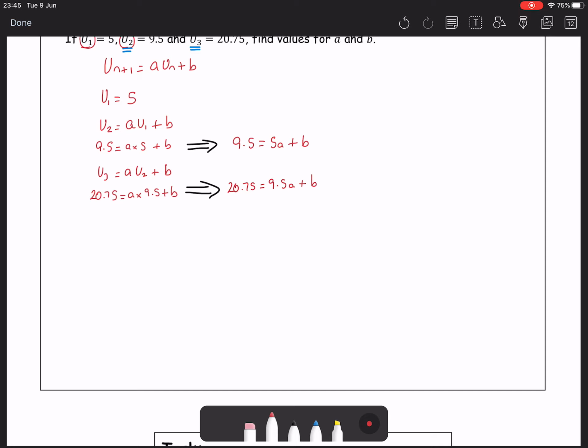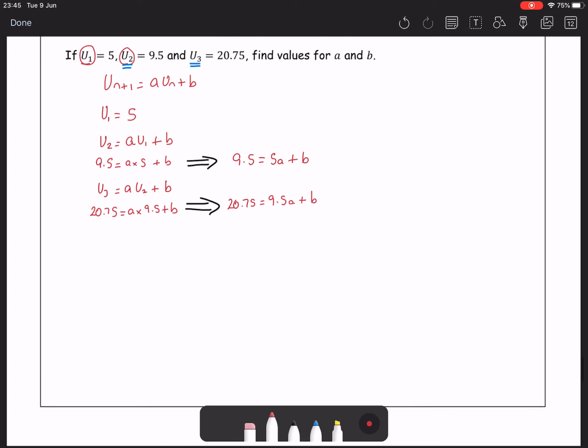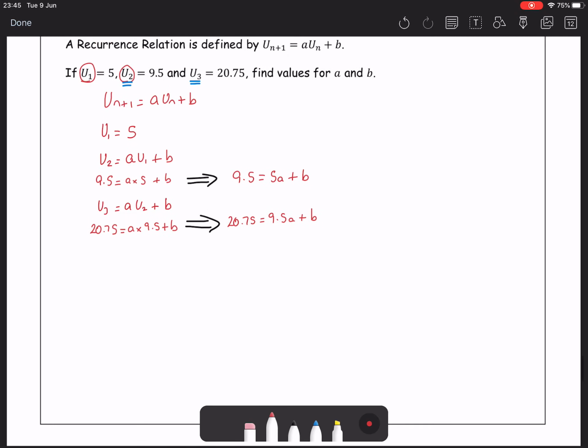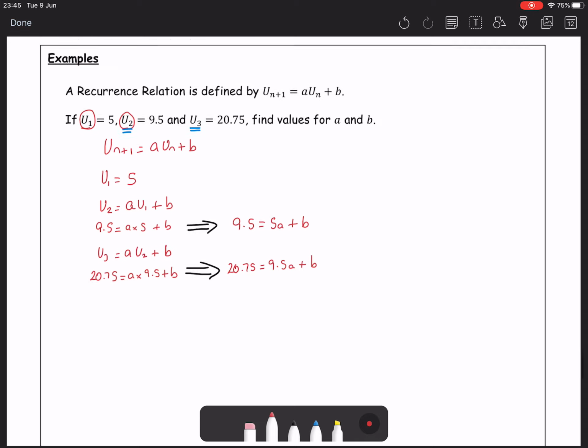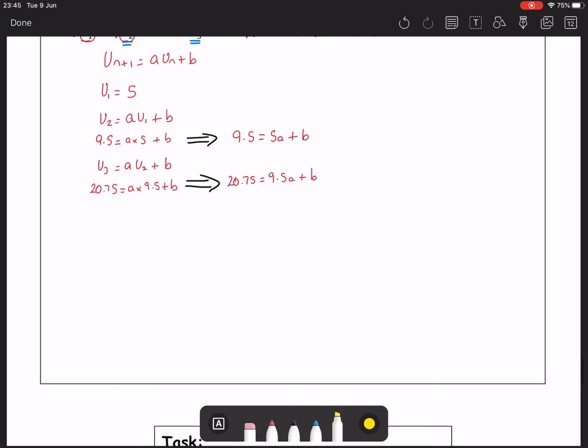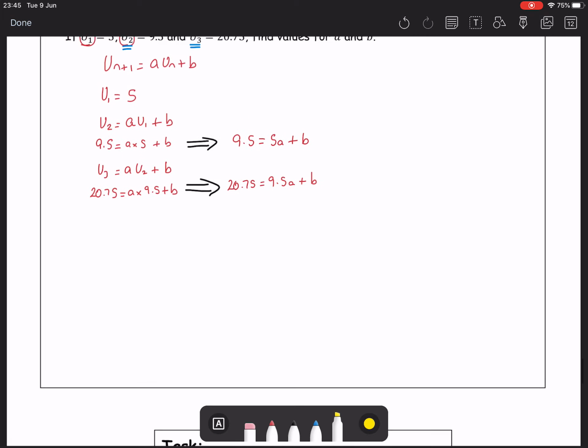The 9.5 being the middle term appears twice within my 2 equations, but what I've got is the situation of 2 linear equations with 2 unknowns, and the same as you would have done any other time, you're looking to solve simultaneously. Simultaneous equations will get you an a value and a b value.